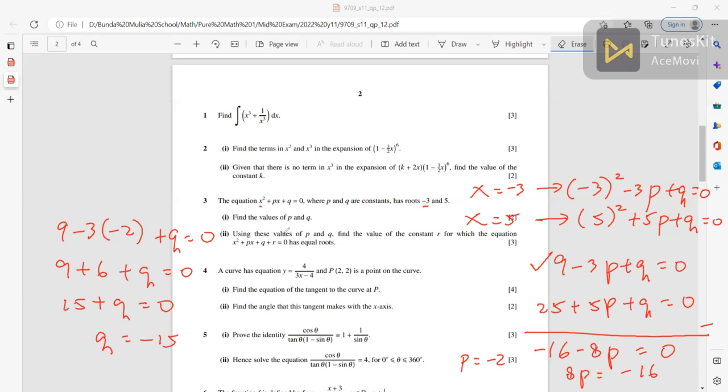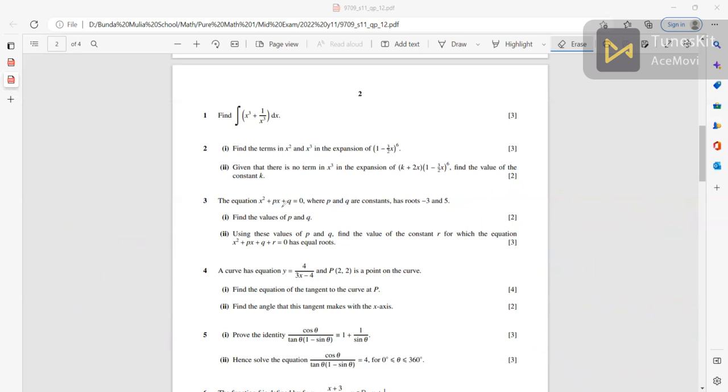For the second part, using these values of p and q, find the constant r such that the equation has equal roots. So we have x squared minus 2x minus 15 plus r equals 0. Whenever we talk about equal roots or distinct roots, we talk about the discriminant, whose formula is b squared minus 4ac.